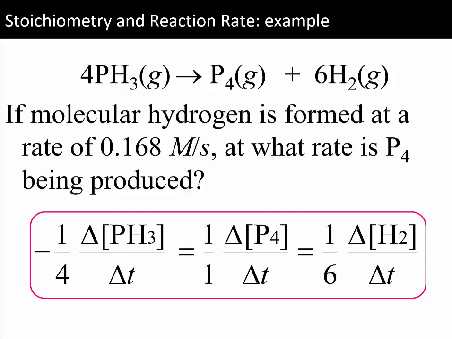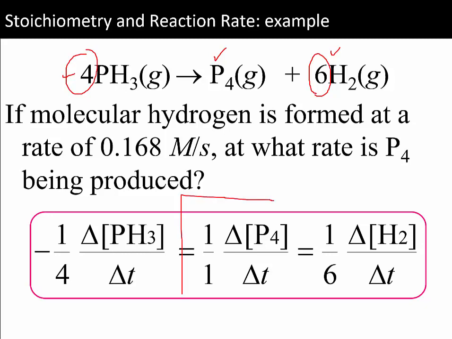So if I've got 4 phosphorus trihydrides that are going to turn into tetraphosphorus and 6 hydrogen gases, if the molecular hydrogen is formed at a rate of 0.168 molar per second, at what rate is P4 being produced? I need to look at what is my stoichiometry between here and here.